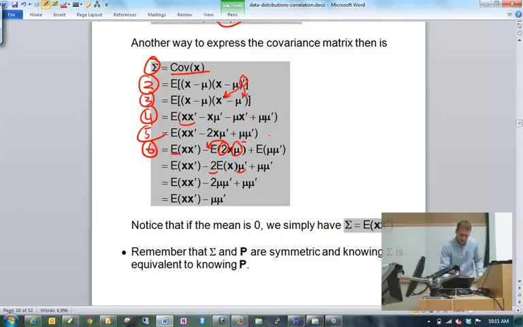So because of that, this expectation disappears. Expected value of x, that's just mu. So here's my mu right there. I combine some stuff, and this is another way to express your covariance matrix.